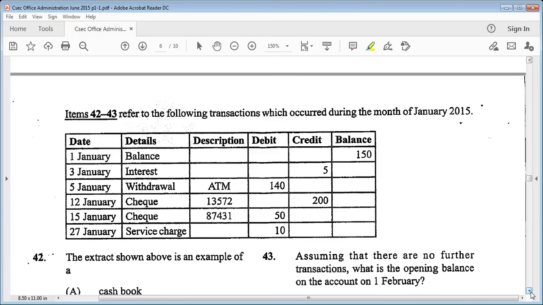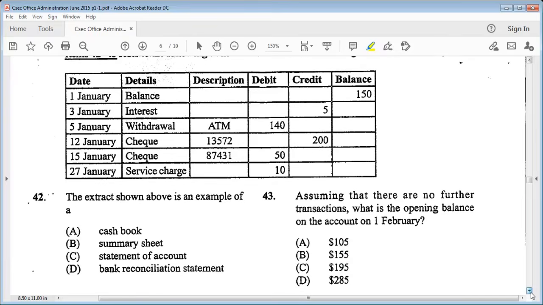Then on the 5th of January, a withdrawal at the ATM was done, $140. On the 12th of January, a check was deposited, $200. Then on the 15th of January, a check withdrawing $50. Then on the 27th of January, there was a service charge of $10.